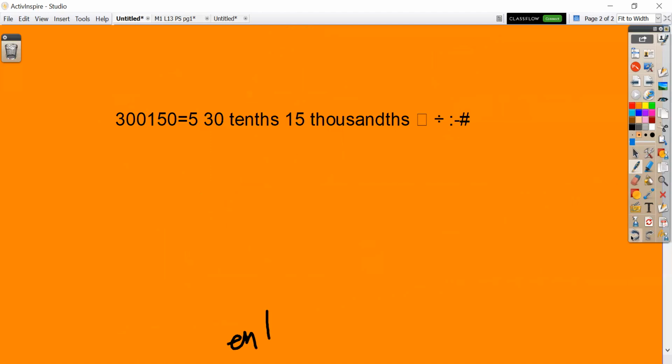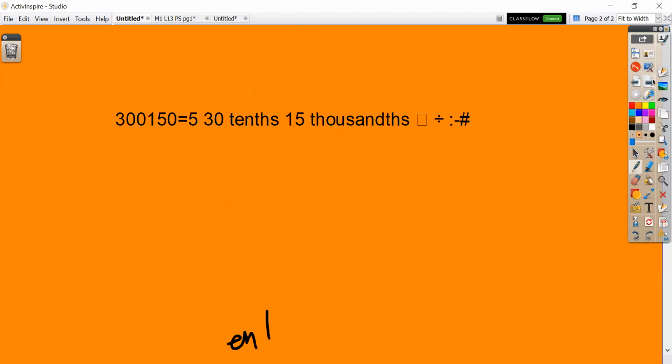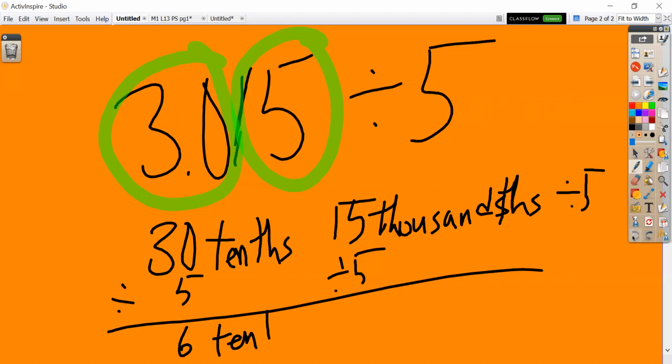There it is. 6 tenths, because our unit stays the same. And 15 divided by 5 would be 3, right? Because 3 times 5 equals 15.